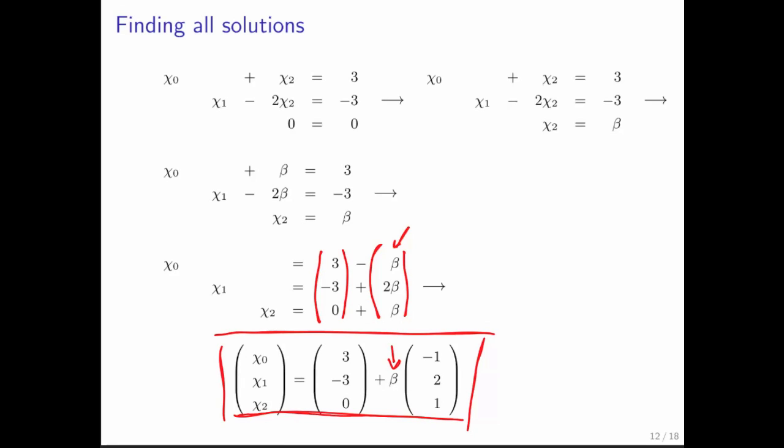Any vector x of this form right here actually satisfies the linear system of equations. This is known as the general solution. We're going to find out that that's not a unique way of writing it, but we'll figure that out later.